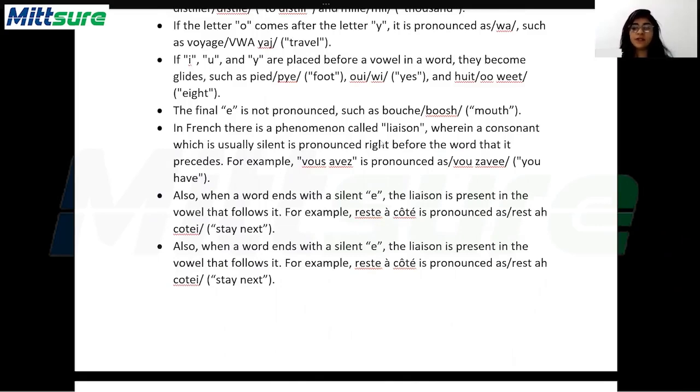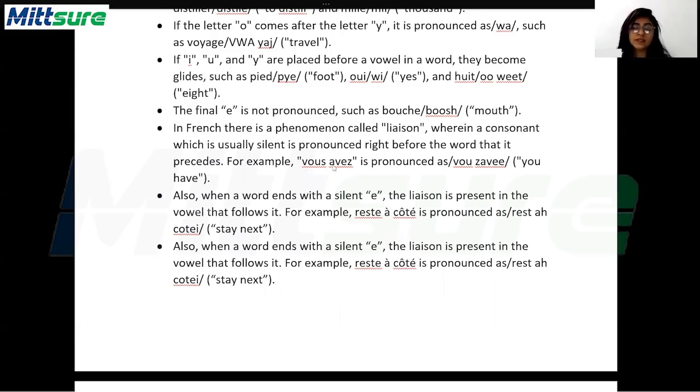Then there are a few phenomena in French. Out of that, the first one is if the word ends with S or a consonant and the next word begins with a vowel, then the first word will be pronounced partly and the last letter will join the next word.